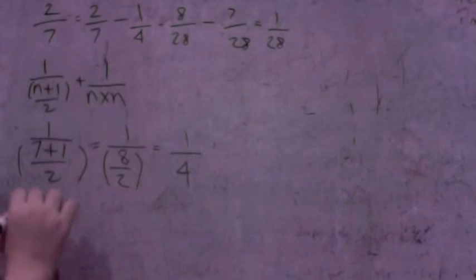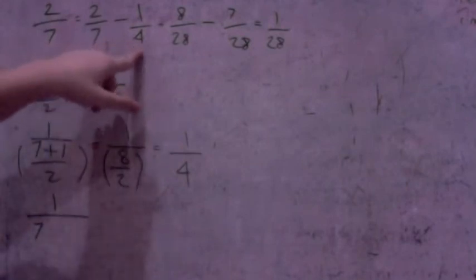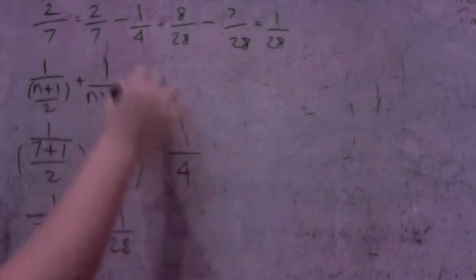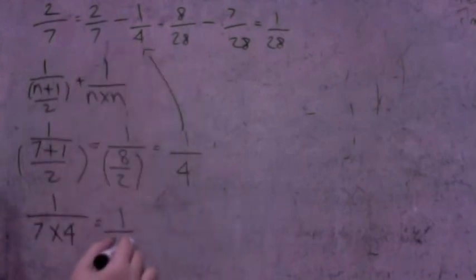Then I'm going to have 1 over 7, the denominator here, and I'm going to multiply 7 with the denominator of the largest unit fraction that I use, which is 4. So 1 over 28. You see here, this is the largest unit fraction, which is correct, and the result is here. It's correct. So I'm going to move a little bit fast with the other fractions.